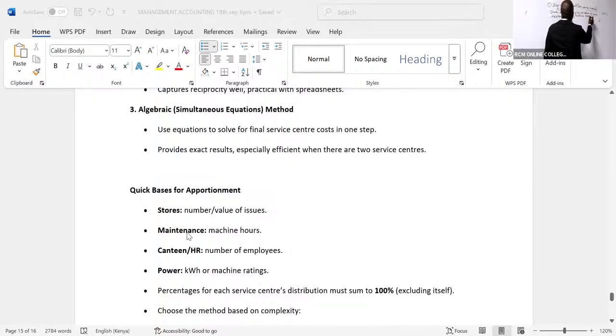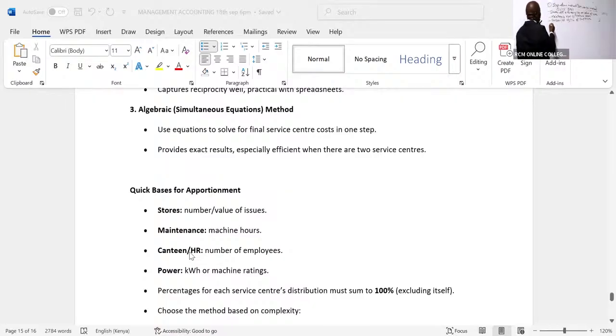How long have we taken on your machines? And then we use that as the criteria. Then we have canteen or HR costs. All these are support departments. For these you use number of employees.